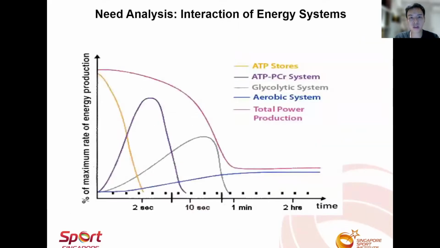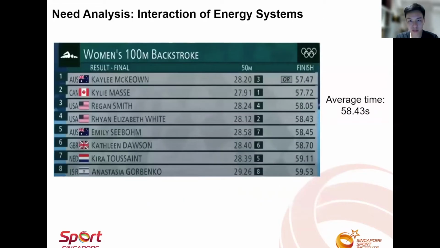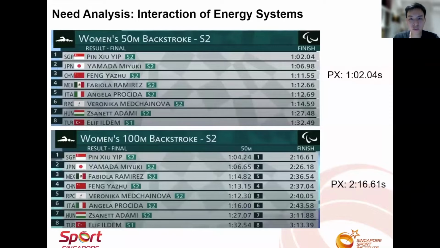Another thing we look at is the interaction of energy systems, trying to understand for 50 and 100 backstroke for a Paralympic swimmer, which energy system they fall under. Looking at an Olympic 100-meter backstroke swimmer, the average time is about 58.43 seconds. For Yip Pin Xiu, her 50 meters and 100 meters backstroke is more than that, at 102.04 and 216.61 seconds.